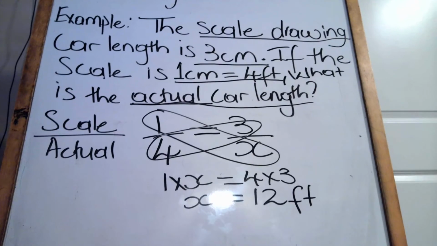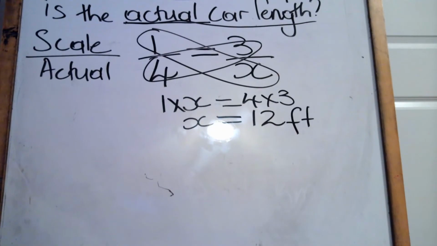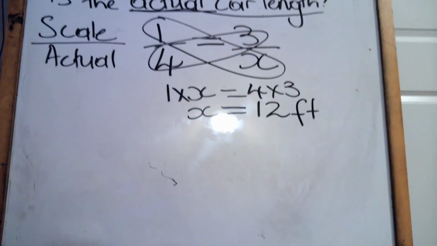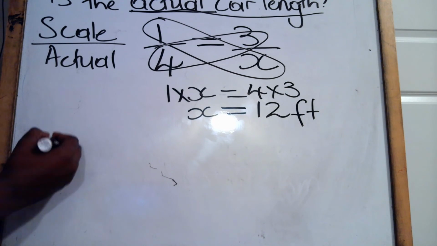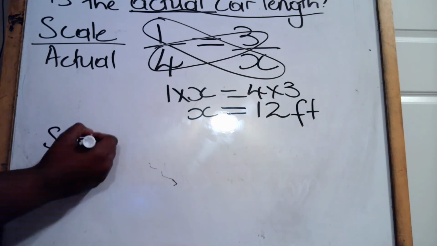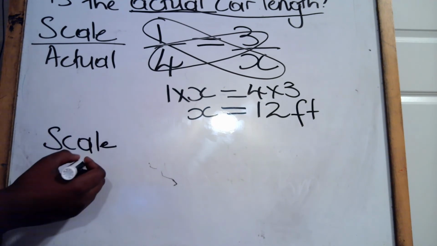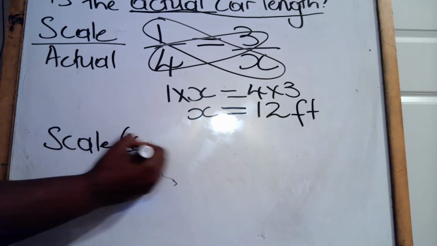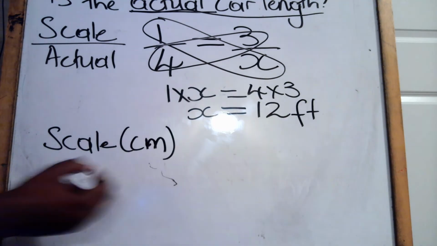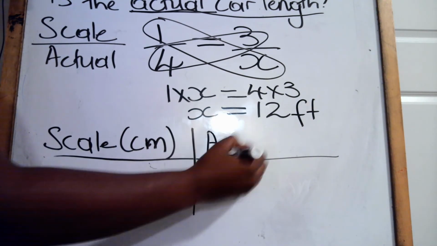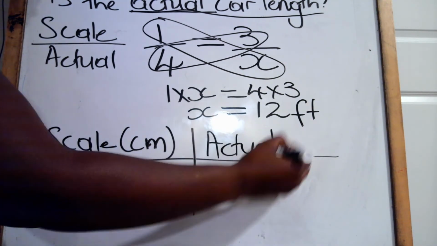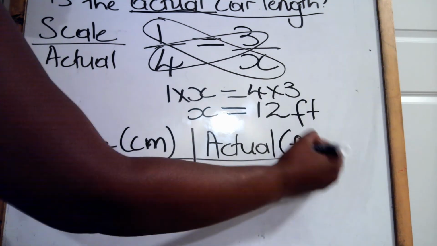And remember, I said there are 2 ways that we can solve this. We can put it as a table as well. When we're doing the table, always remember we have scale, and this scale would be in centimeters to one side, and we have the actual, and that's going to be in feet to one side.